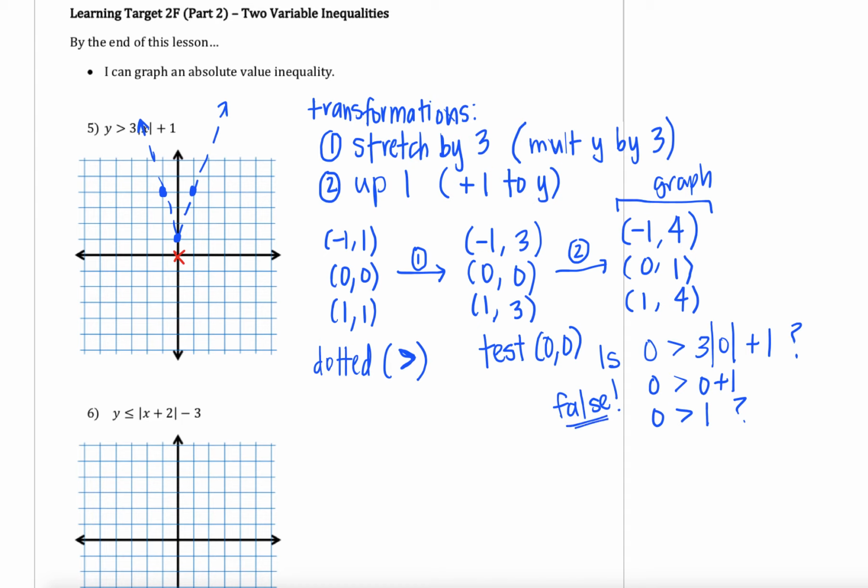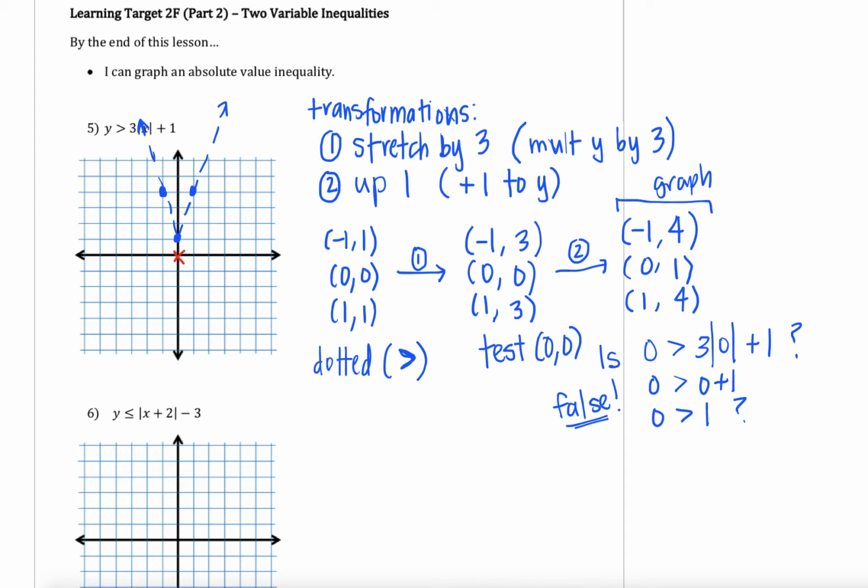And so in this case, when the statement is false, remember we shade in the opposite area from our test point. So I'm going to shade opposite (0, 0). Since (0, 0) is outside this function, instead of a straight line now, I have this V shape. So when I look at the graph, I have two options.